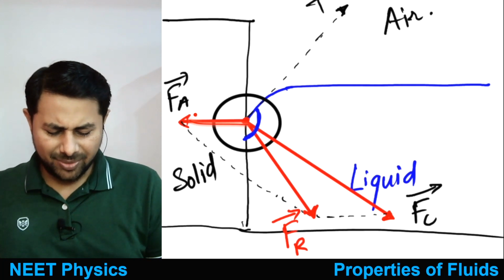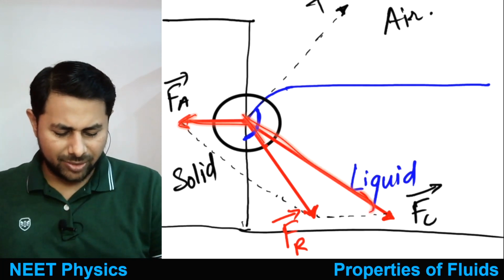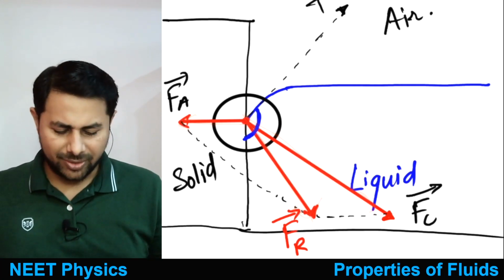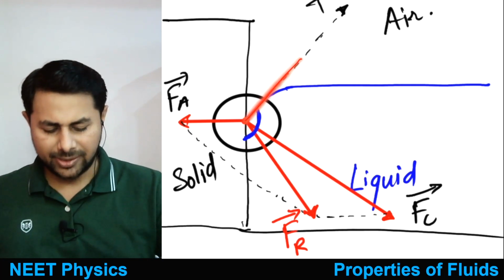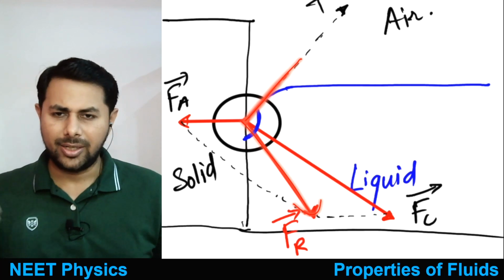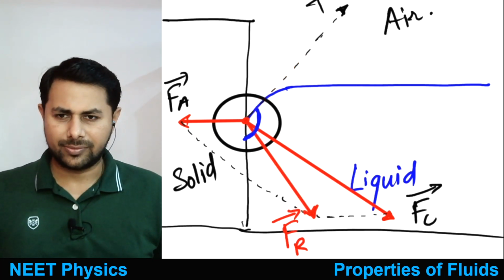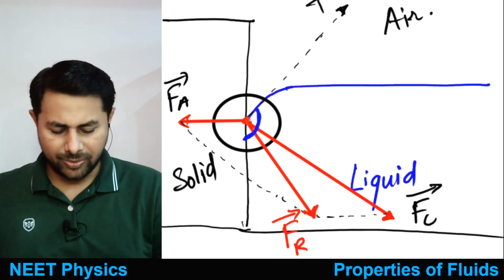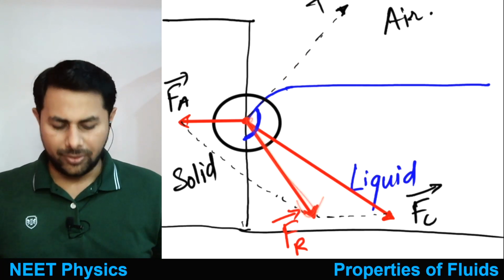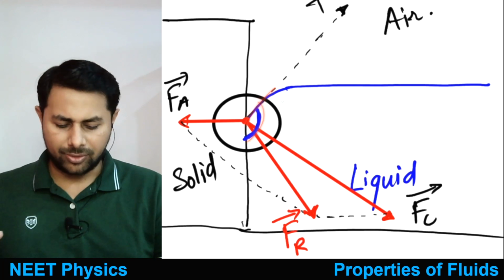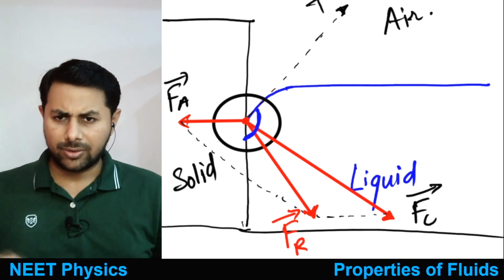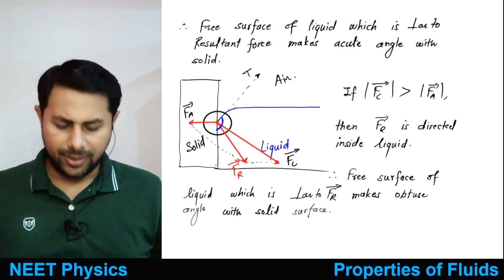So the resultant of the adhesive and cohesive forces is inside of the mercury. And as we discussed, the free surface is perpendicular to the resultant force acting on this molecule. Then here the angle of contact would be obtuse, right? So now you need to remember 2-3 things here.